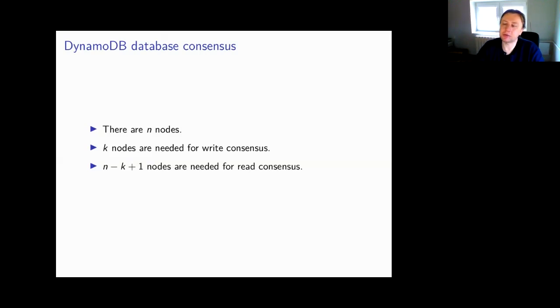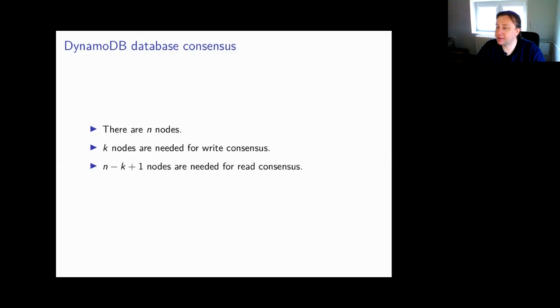So you cannot possibly have written the tuple to k nodes and read a different tuple from n minus k plus 1 nodes. That means basically that you get the credible answer.